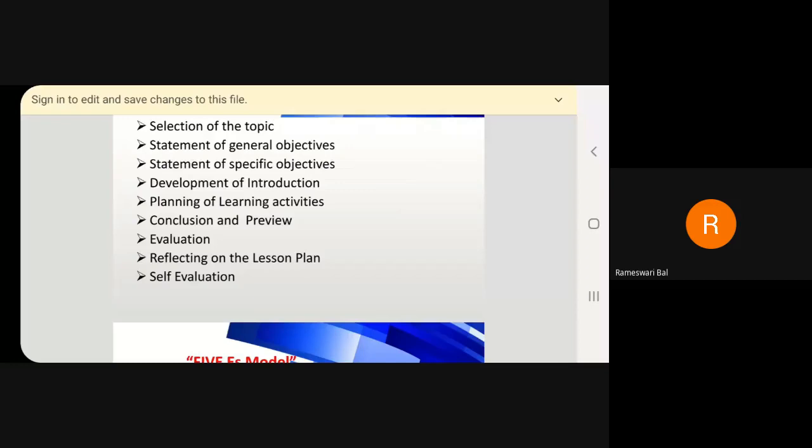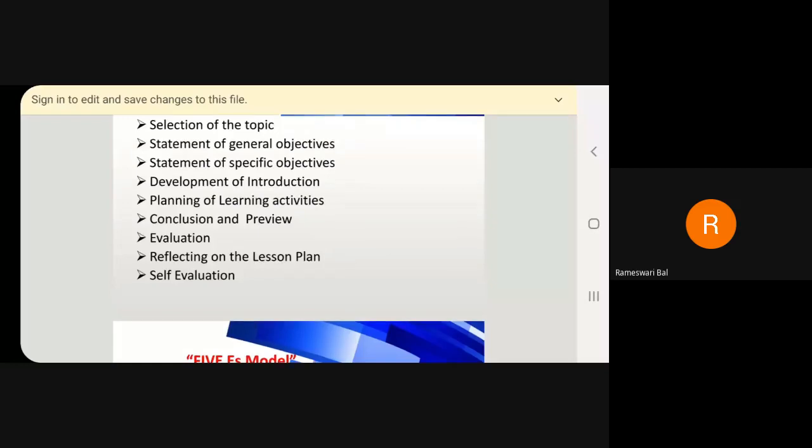Okay, and after completion of my presentation, we have to keep one thing in our mind: during the presentation also we have to assess our children, and we have to test whether they are able to understand it or not, which is mostly called the formative assessment or formative evaluation. In the middle of my explanation, I am asking questions, whether they are able to get it or not, my students.